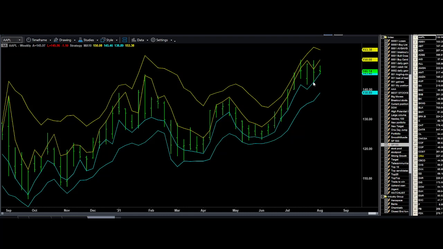For example, this is 142.8, and this value is 146.7. This is the change in the last week.